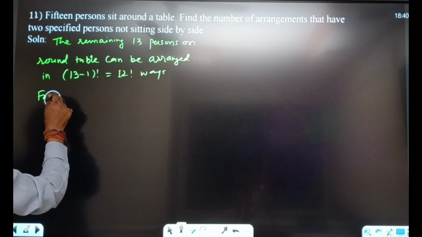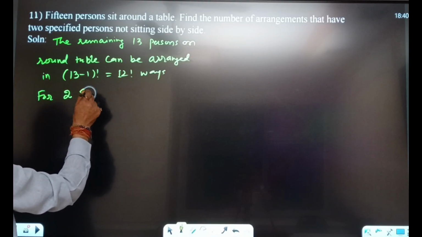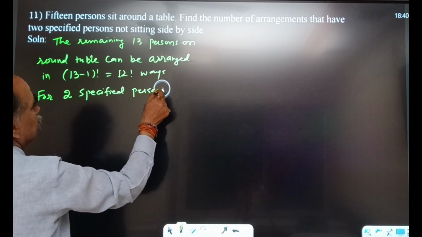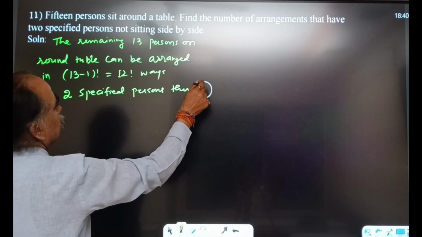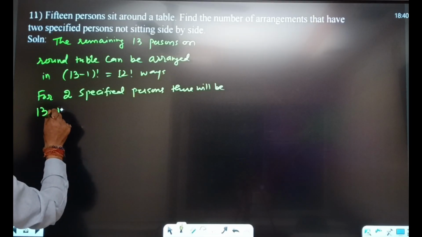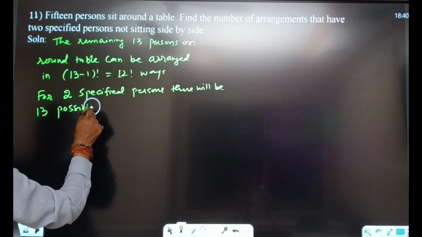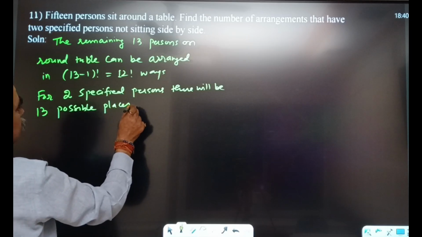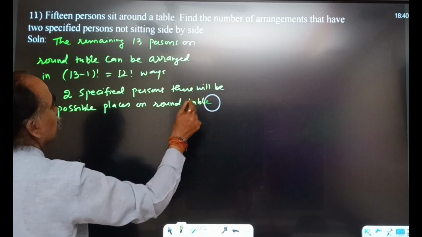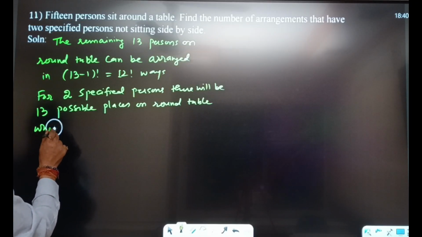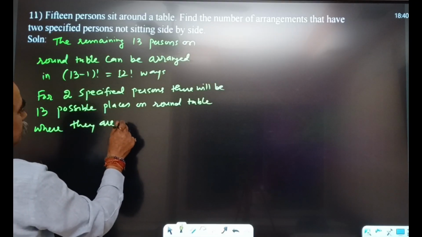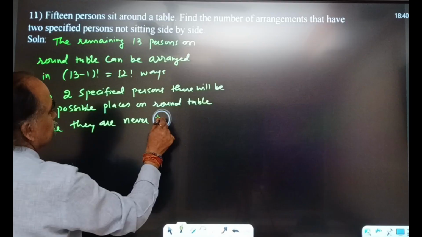For two specified persons, there will be 13 possible places on a round table where they are never together.